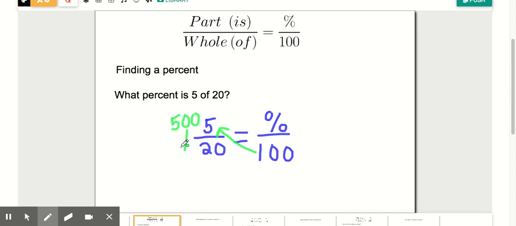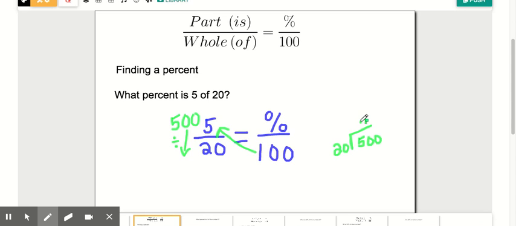Now I drop down and I cross a fraction bar, so I know I'm going to have to divide. Every time we have this fraction bar, that just means divide. So 500 divided by 20. I can do that over here. I'll take my 500 and divide by 20.